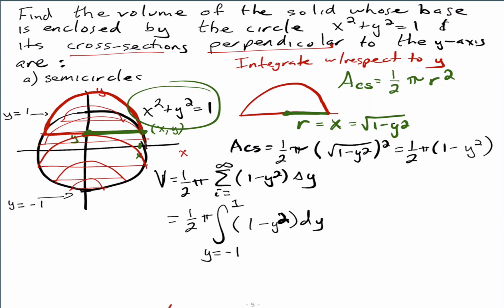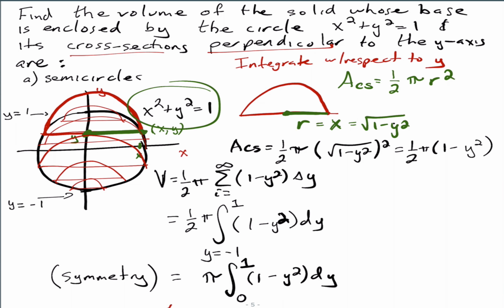Now the other thing though is that I can use symmetry here to help me. You should always do this if you can. This is going to be equal to twice the integral from 0 to 1.